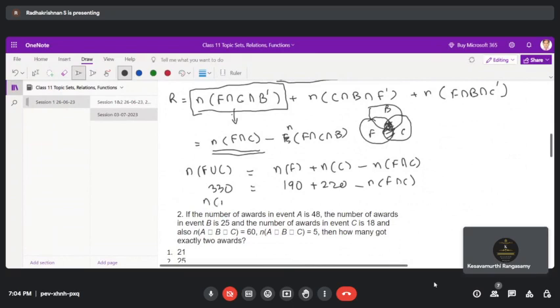Therefore, N of F intersection C is equal to what? Correct? So what is it coming to? 190 plus 220, 410, minus 330.